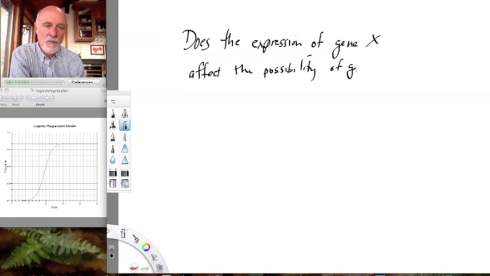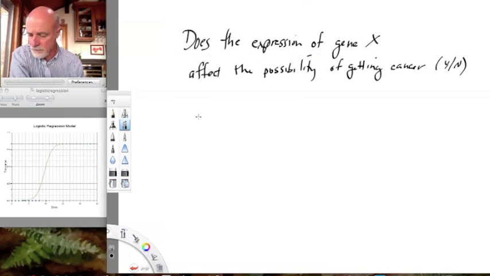Okay, so we have some gene and we have a continuous variable, the amount of expression of that gene, and that gene might in turn affect whether the individual gets cancer or not, and that's a yes-no kind of dependent variable.